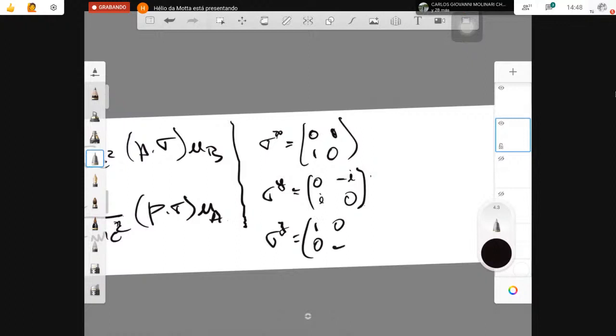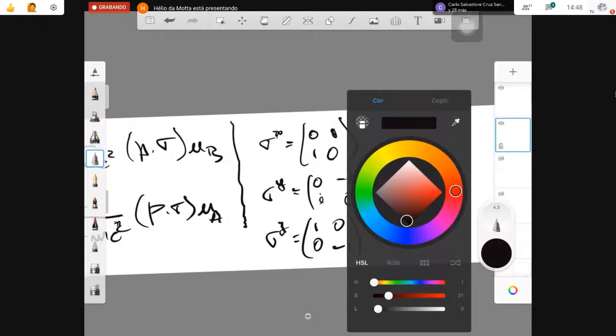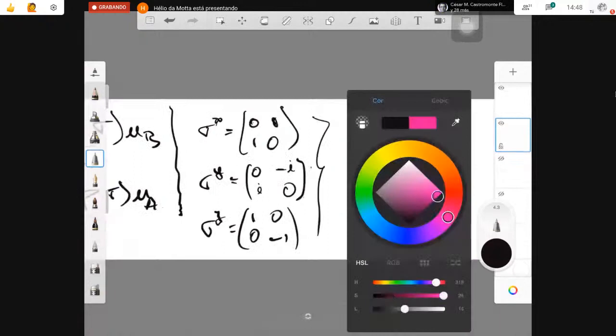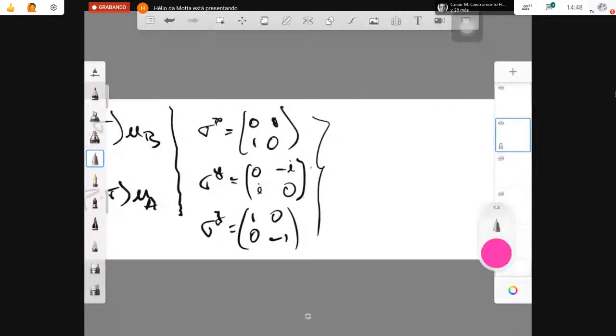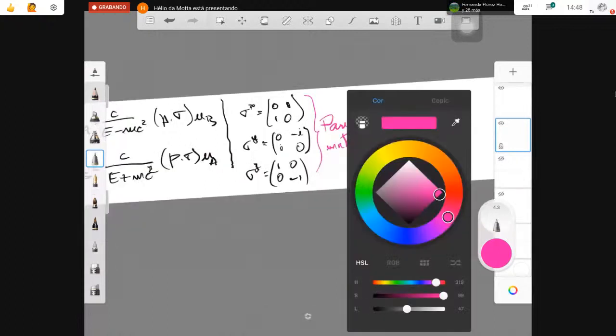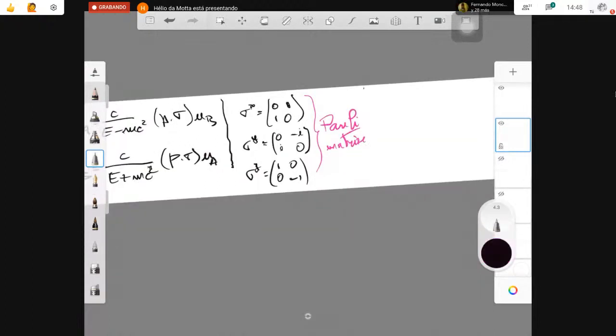They are called the Pauli matrices. Pauli was another physicist who also worked with this kind of thing.